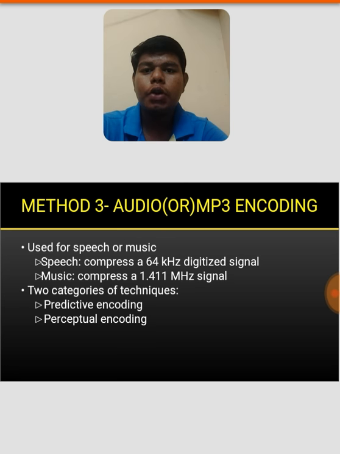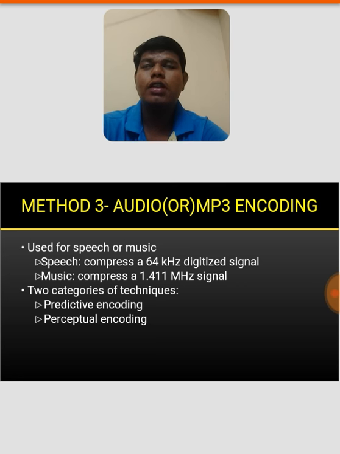Method 3, audio or MP3 encoding, used for speech or music. Speech can be compressed from about a 64 kilohertz digital signal, and music from about a 1.4 megahertz signal. The two categories of techniques are predictive encoding and perceptual encoding.